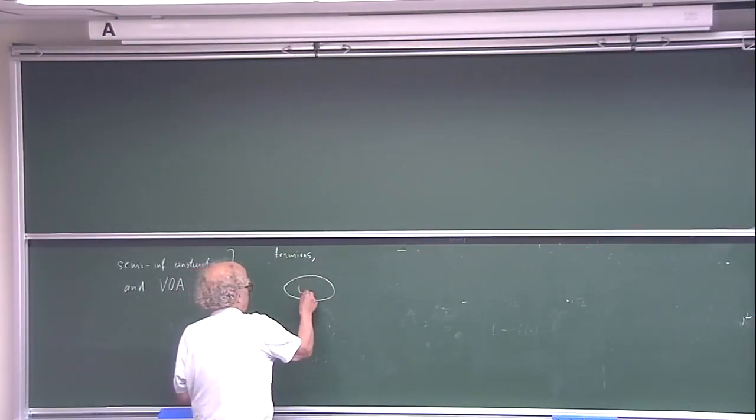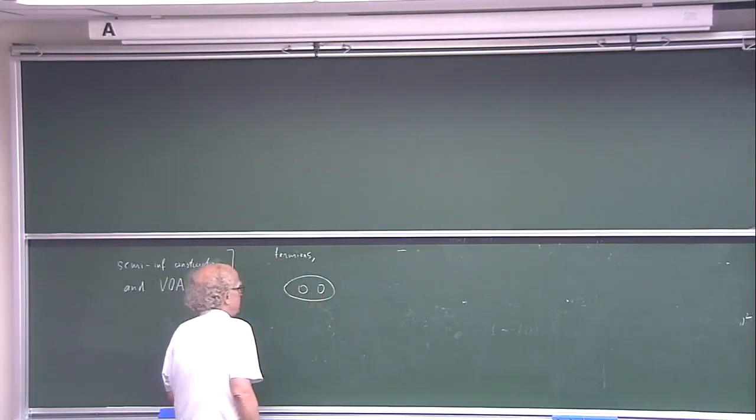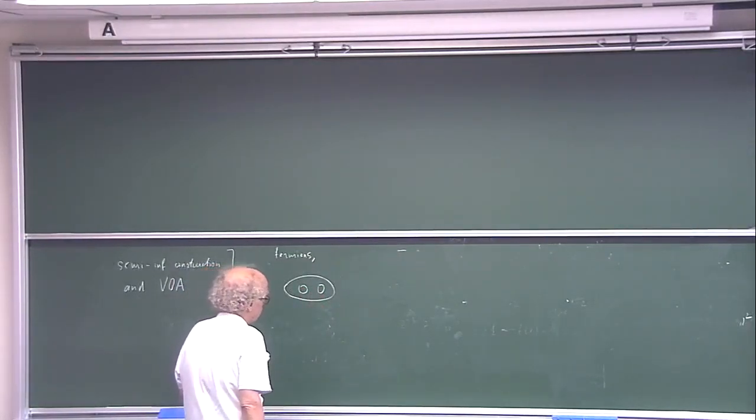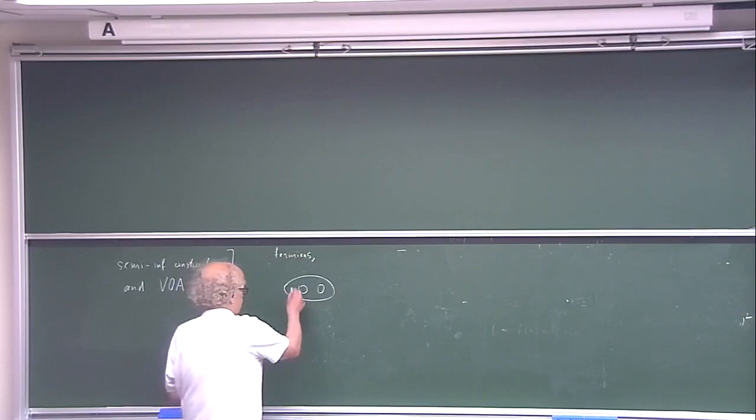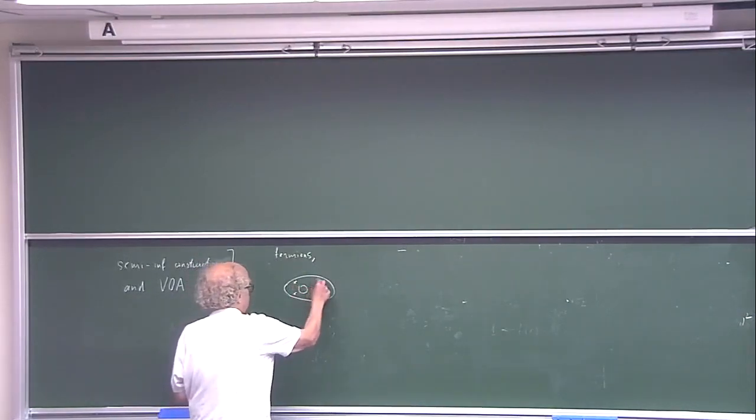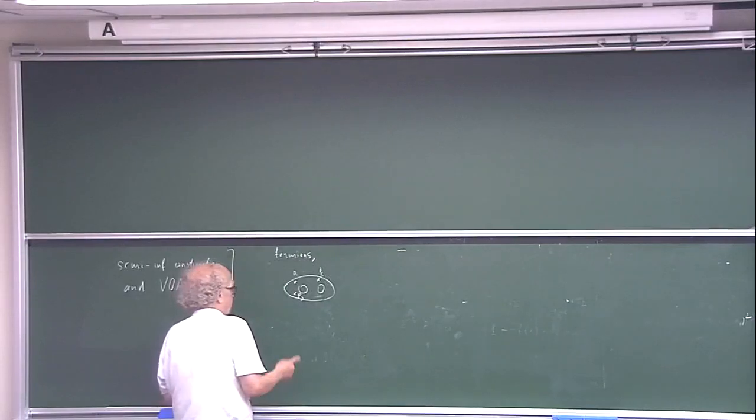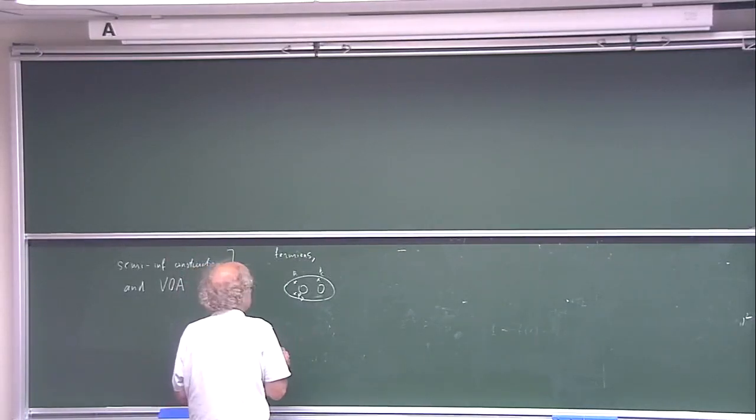I said that we had the following construction: I have in principle any algebraic curve, and in my first lecture, if I put several points, maybe 3 points, P1, P2, P3, in each point I can put a representation.